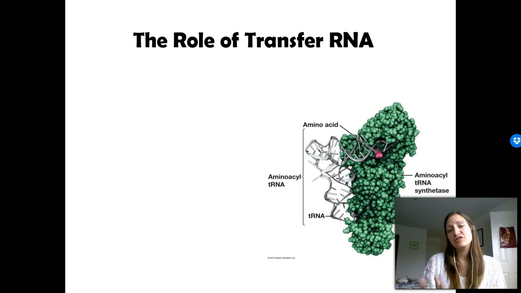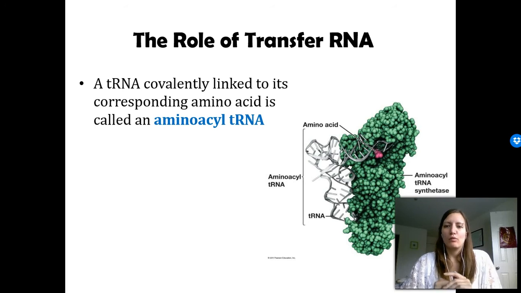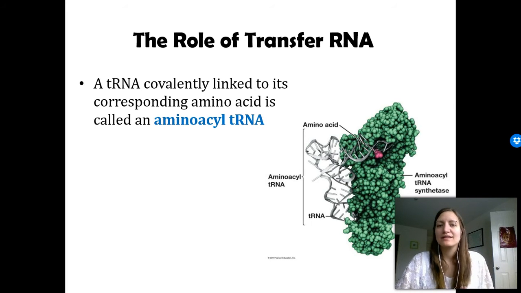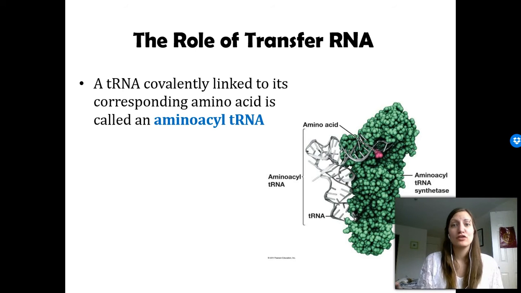This is more of a digital structure of what tRNA actually looks like. So tRNA, when it has its amino acid, because tRNA will lose those amino acids every time it undergoes translation, because it's going to drop off those amino acids to that growing protein.